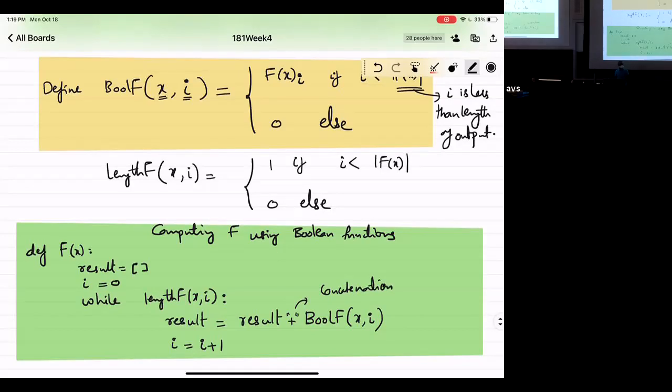Okay, sure, yeah? If F is computable, are length F and bool F necessarily computable as well? In most cases, yes. Okay, but there are some cases where you might change the complexity of the problem. Okay, but in some sense, what does it mean to say F is computable without computing the individual bits?